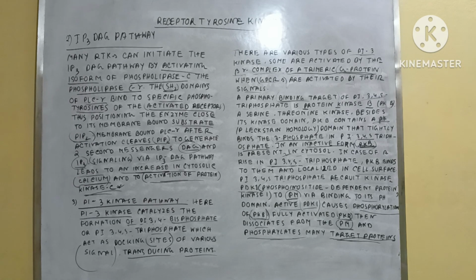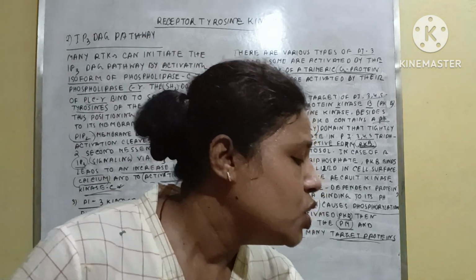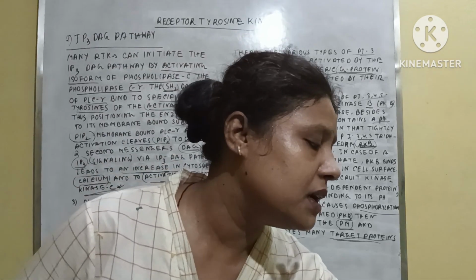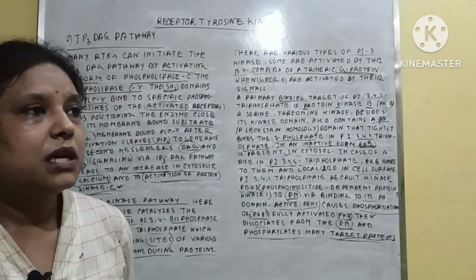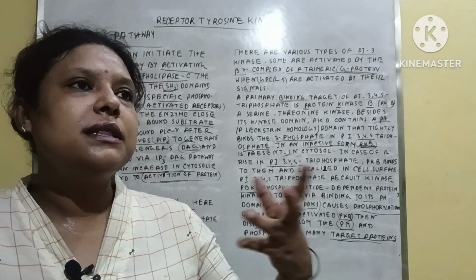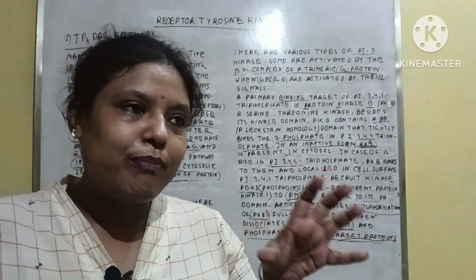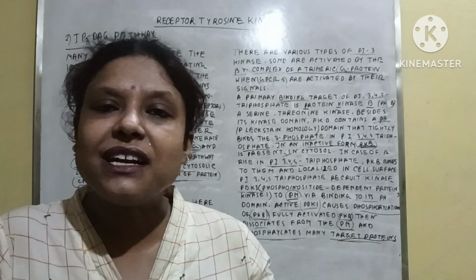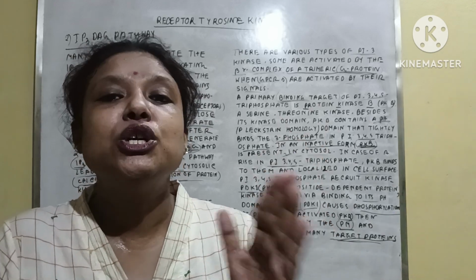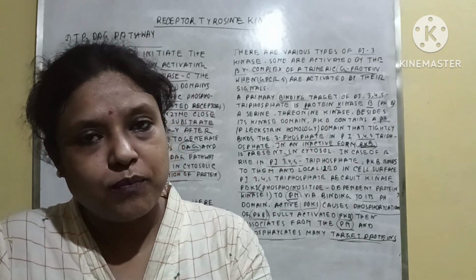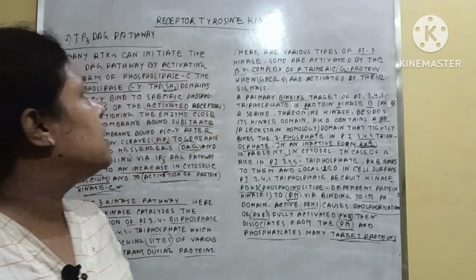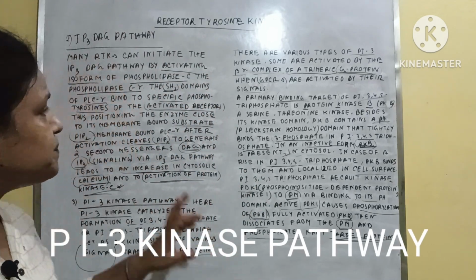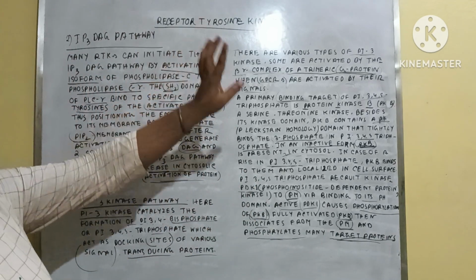So one thing is very important: binding and then phosphorylation. Binding and phosphorylation occurring means the inactive form changes to the active form. So these two pathways are very important for the receptor tyrosine kinase.